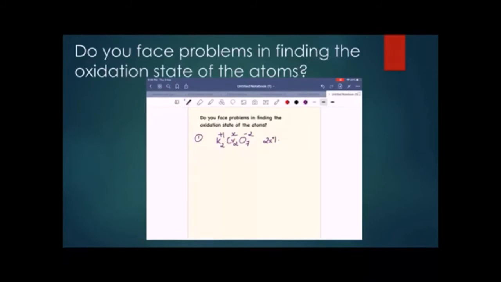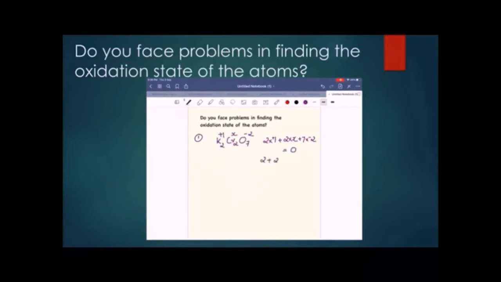So 2 into +1 plus 2 chromium atoms, and we do not know what is the oxidation state of chromium, so that is X, plus 7 oxygen atoms. Each oxygen atom has an oxidation state of -2. If we add all these things, we should get the value as 0, sum as 0.